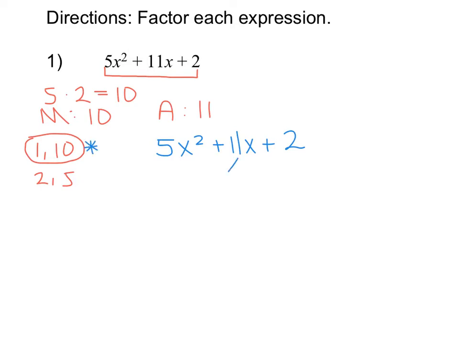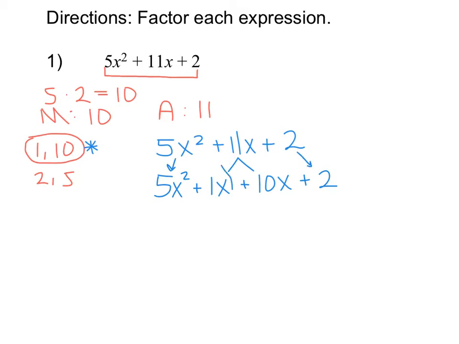And what we're going to do is we're going to split this middle term into 1x and 10x. Then what I'm going to do is bring down the 5x squared. And it was a positive 1x and a positive 10x. I'm going to put those plus signs there. And then I'm going to bring down our 2. So I just brought these two down.